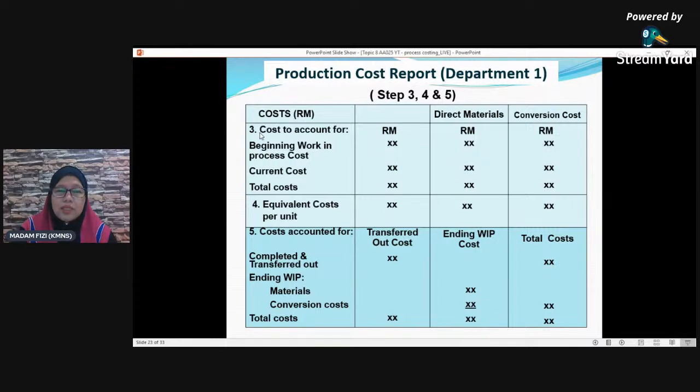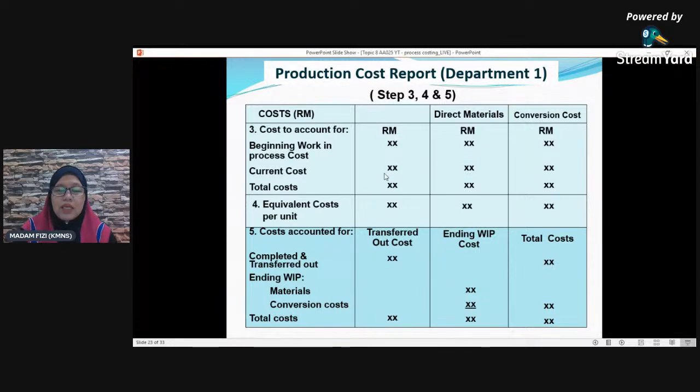So step 3, cost to account for, beginning work in process cost plus the current cost equals to total cost. Ini dia punya total. Ini awak kena segregate between the direct material and the conversion cost. That means, katakan the direct material here is 100 and the conversion cost is 200. So the total here is 300.